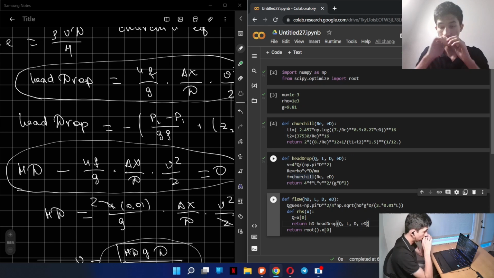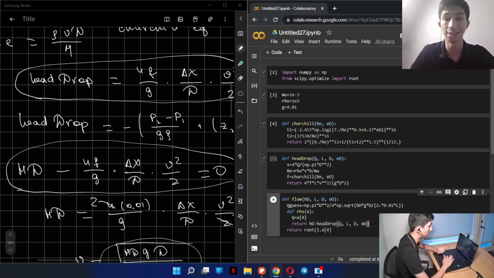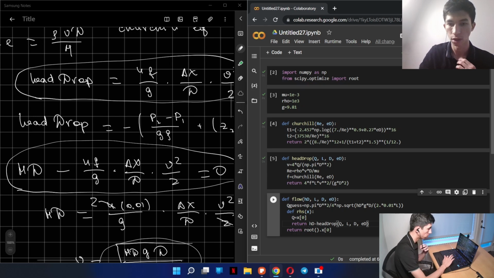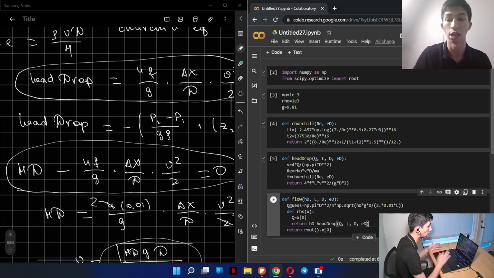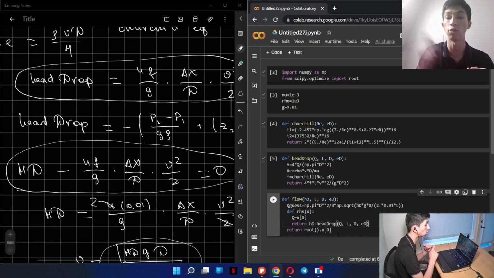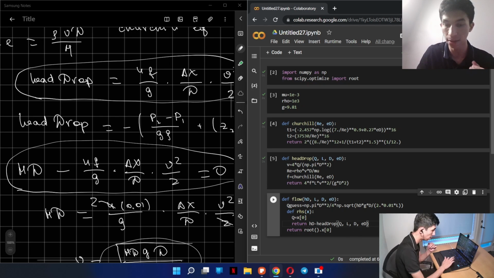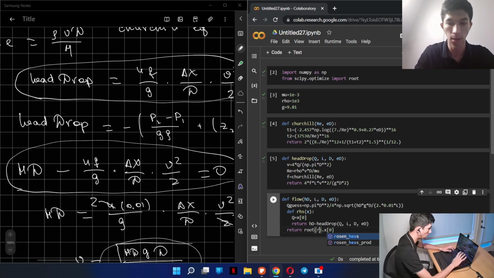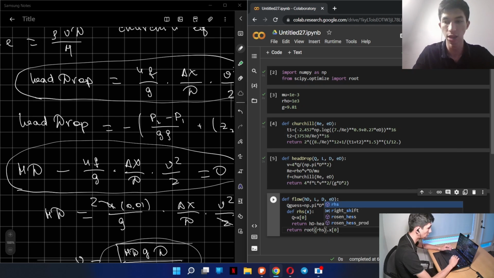What this right hand side function does is just give the answer for this equation, and the root solver is going to solve until it gets the right value for our flow, so that it makes this right hand side function equal to 0. For our root solver, we're going to plug in our right hand side equation.